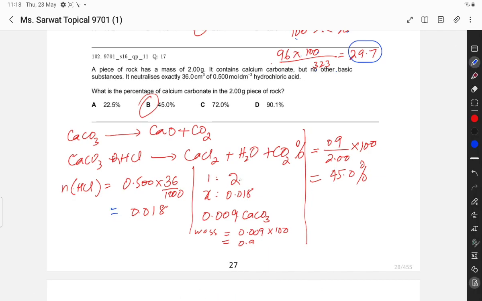By using the mole ratio 1:2 with HCl, we get moles of calcium carbonate as 0.009. So the mass of calcium carbonate is 0.009 × 100, equal to 0.9 gram. So the percentage mass of calcium carbonate is 0.9 divided by the actual mass of the rock piece, 2 gram, × 100, that is 45%. So B option is the correct option.